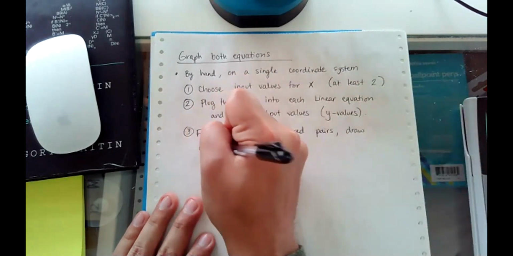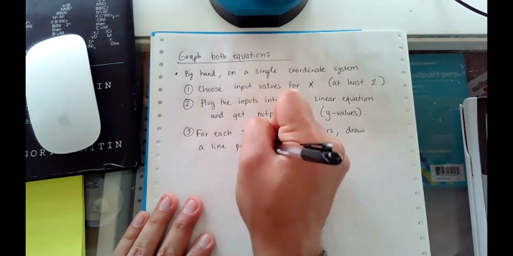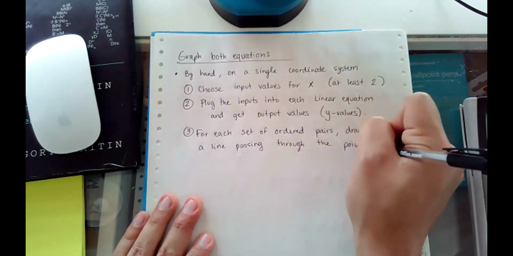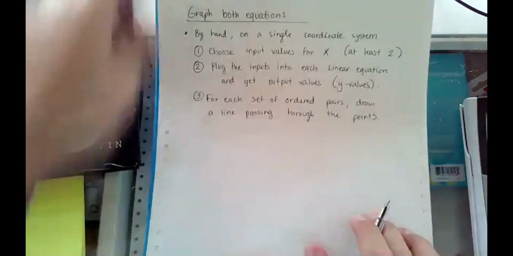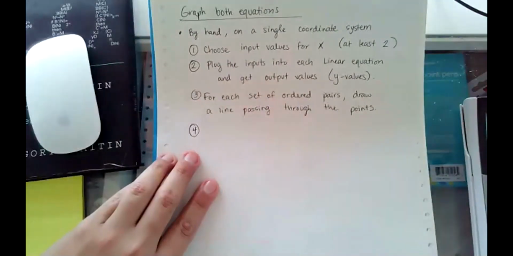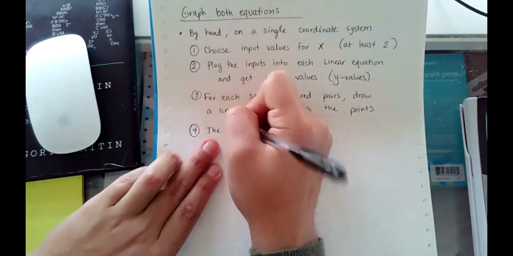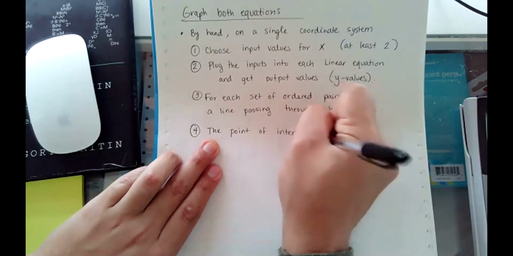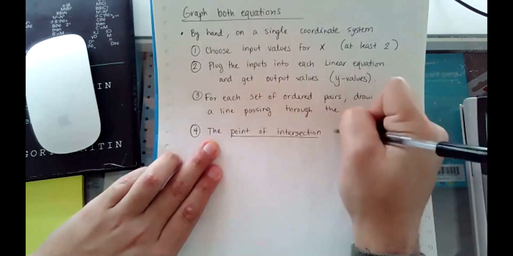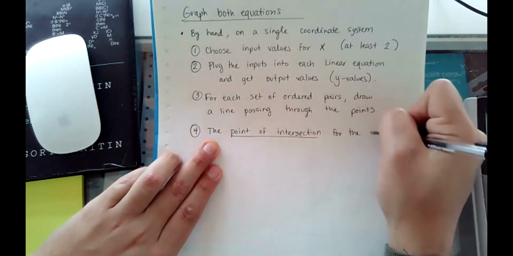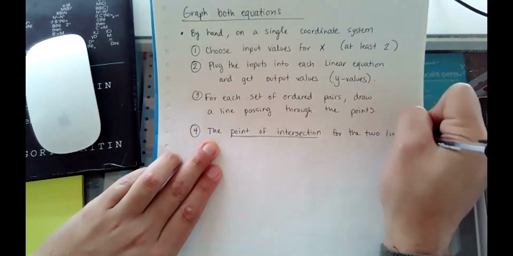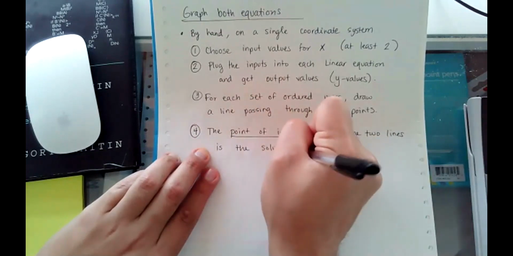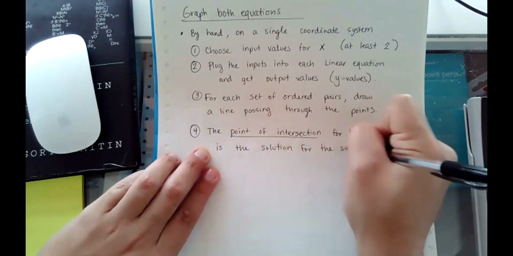Draw a line passing through the points. Since you're dealing with 2 equations, the point of intersection for the 2 lines is the solution for the system.